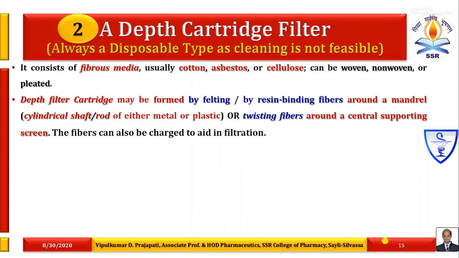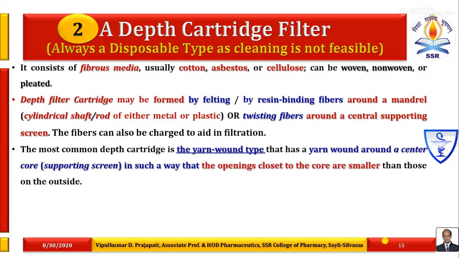A depth filter cartridge may be formed by felting or by resin binding fibers around a mandrel, that is a cylindrical shaft or rod of either metal or plastic, perforated or non-perforated, or by twisting fibers around a central supporting screen. The fibers can also be charged to aid in filtration.